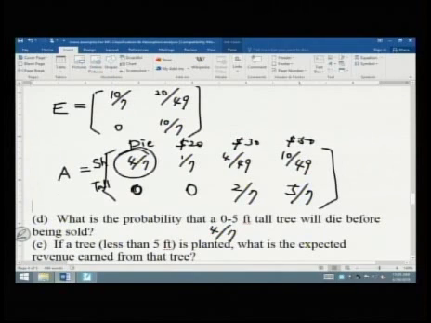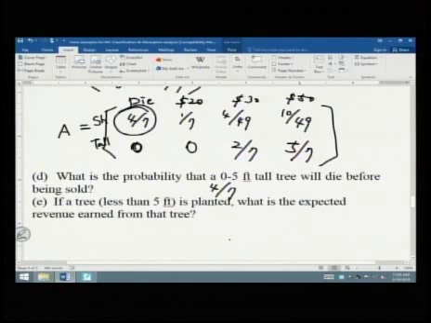How about the second question? If a tree less than 5 feet is planted, what is the expected revenue earned from that tree? Okay. Of course, if that tree planted dies, then what is your revenue? Revenue is 0, right? So $0 if it's that, okay?